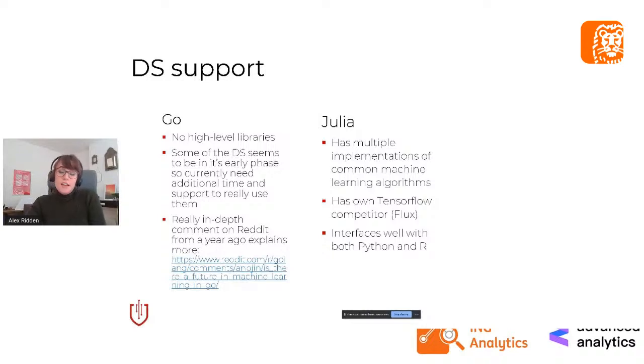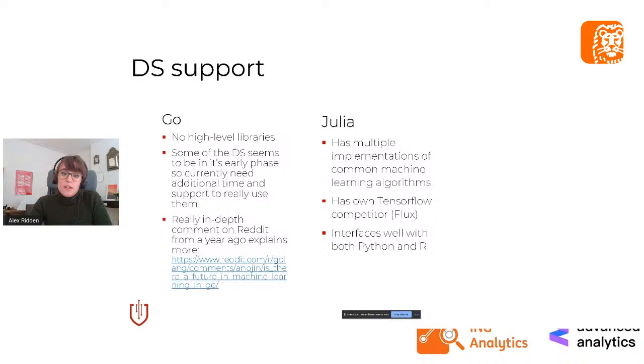Julia has multiple implementations of common machine learning algorithms, and it kind of is trying to adopt the scikit-learn framework. So it has a scikit-learn.jl, which is using a lot of the popular Python machine learning algorithms, and some of them are rewritten in Julia to be quicker, and some of them are just kind of calling out.